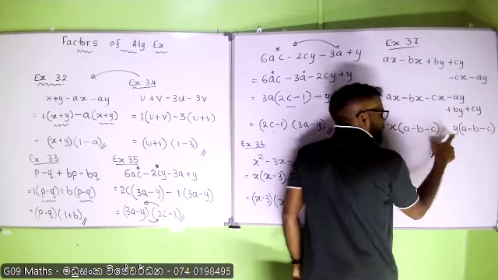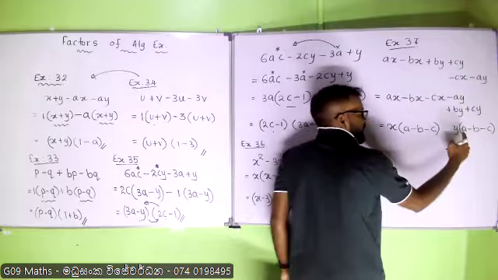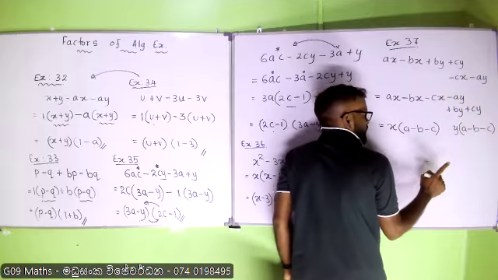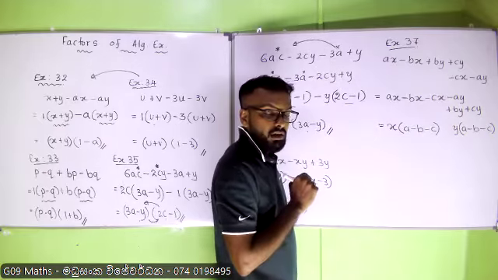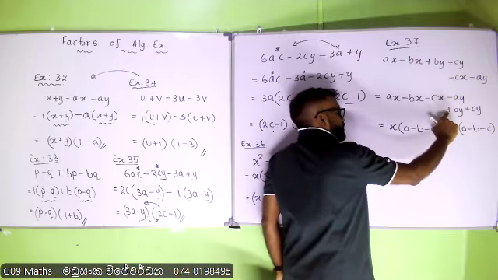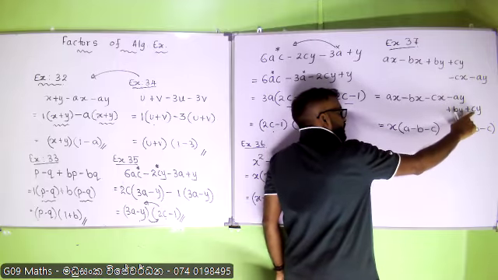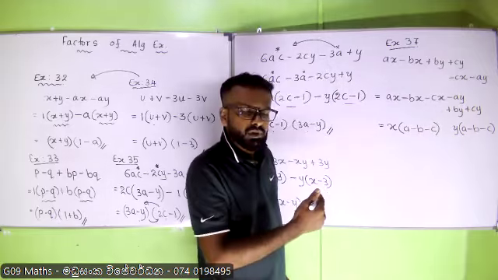And I have identified my common term also, that is y, and I need to make sure that I have a minus b minus c. But here you have negative a. Negative a has been converted into positive, positive b has been converted into negative, positive c has been converted into negative c. Sign changes happen, right?